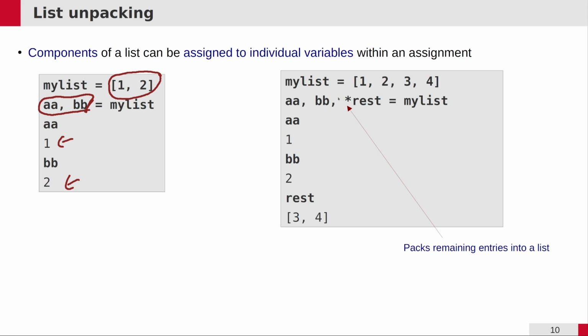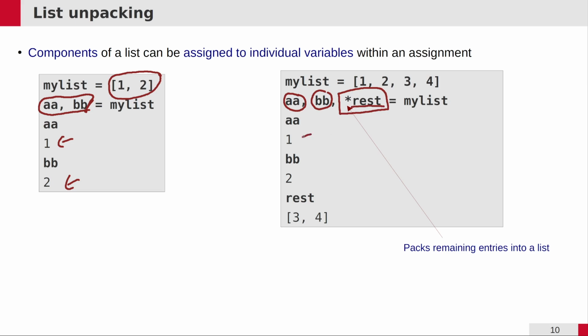However, there is a trick you can do, which is to use the star operator. I have a list, and I'm assigning the first element to this name, the second element to this name, and all the rest, whatever is inside the list, should be assigned to the variable rest. The star means I'm not saying how many items there are; any items which are still there should be assigned to rest.